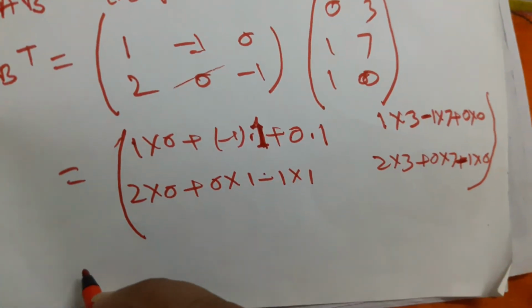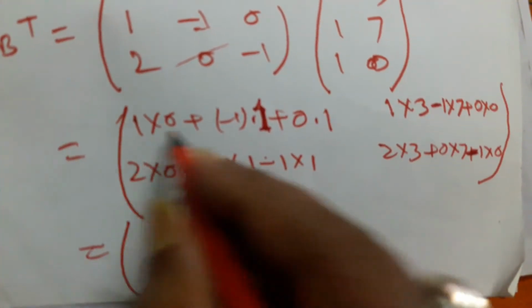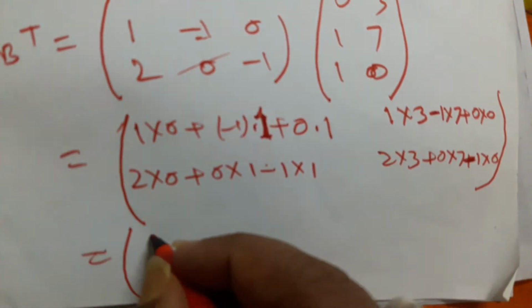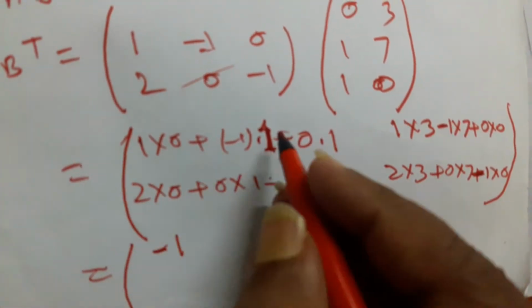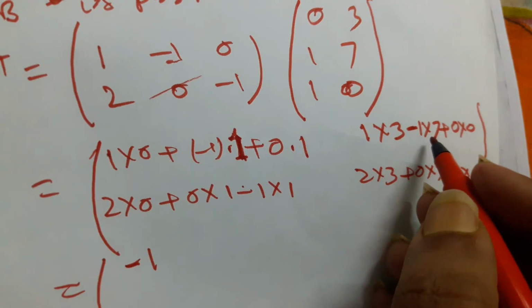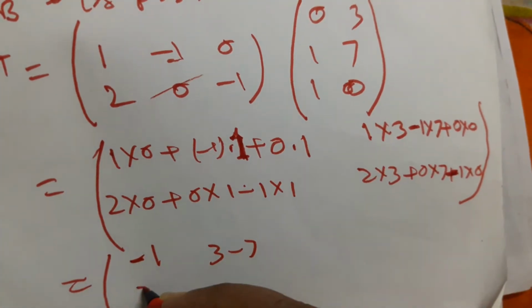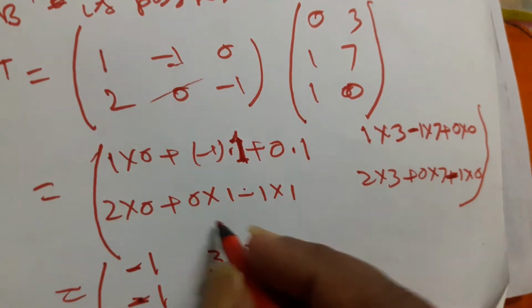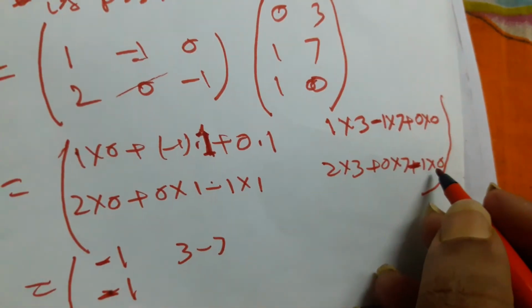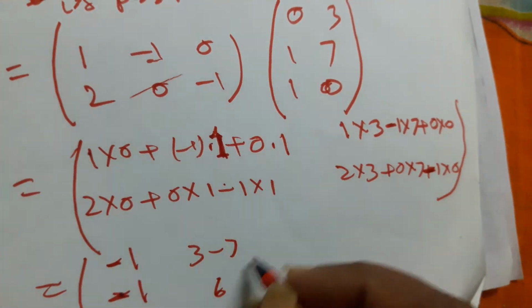Finally, we get the result. The first element will be minus 1, here it is 3 minus 7, which is minus 4, here it is 0 minus 1, which is minus 1, and here it is 6.